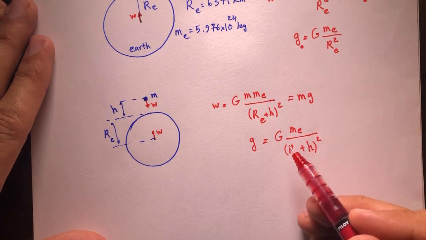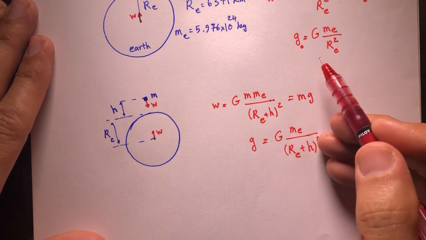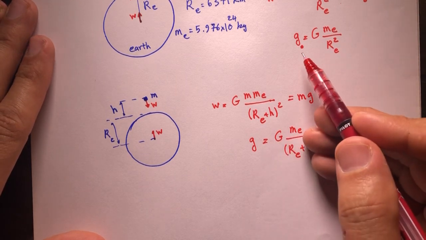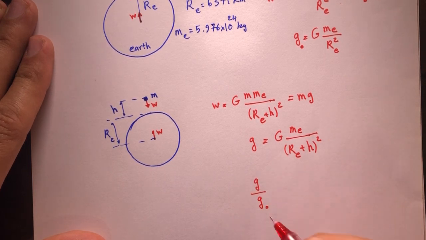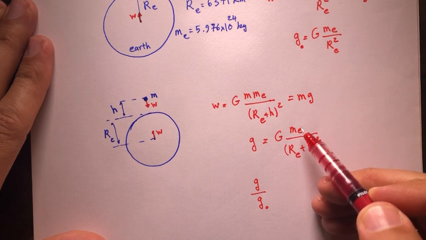Or if you want to compare them together, we can divide these two equations. So g divided by g naught: G and ME are going to cancel out.